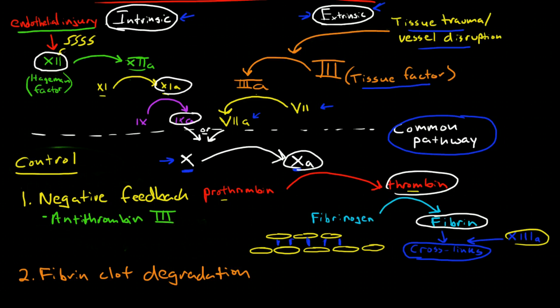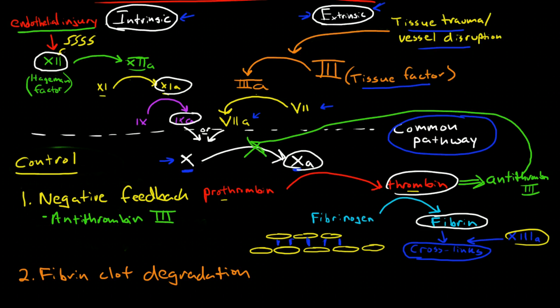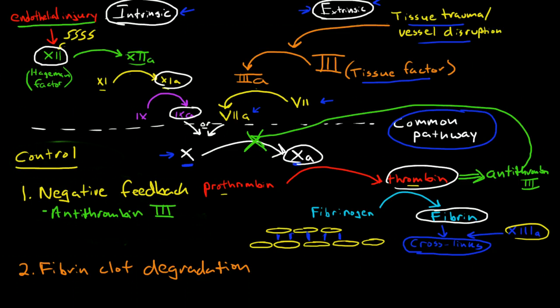Okay, so the way that antithrombin 3 works is it's a negative feedback loop where thrombin stimulates antithrombin 3, and antithrombin 3 blocks the formation of factor 10A, and it also blocks the formation of thrombin.